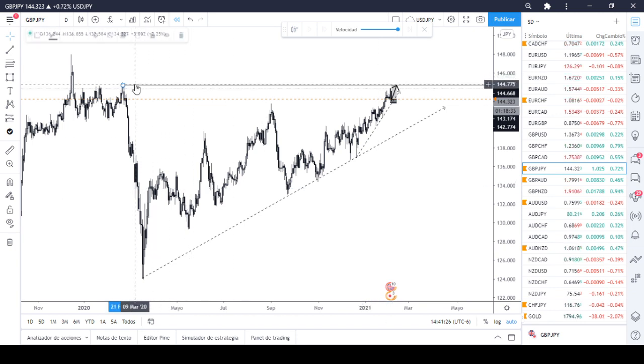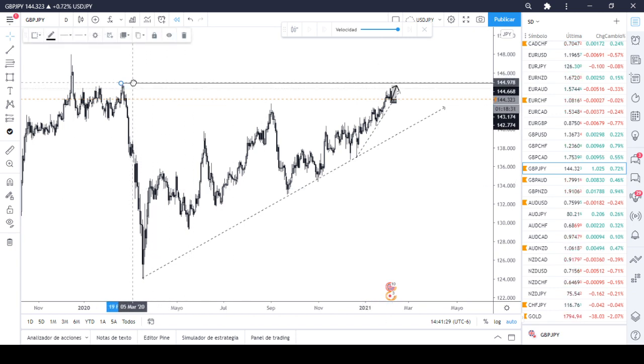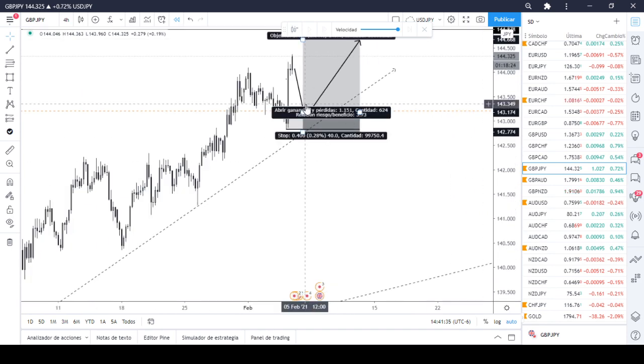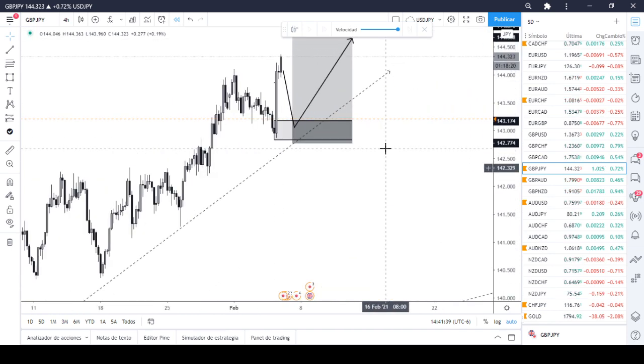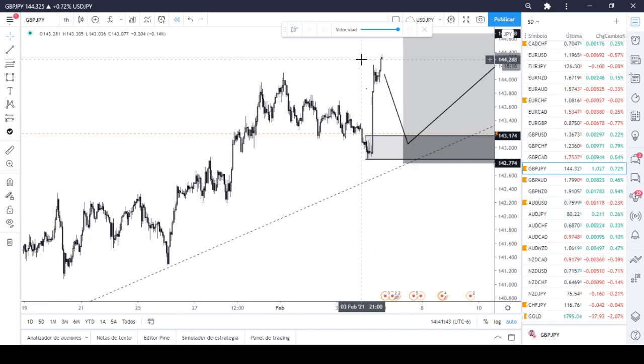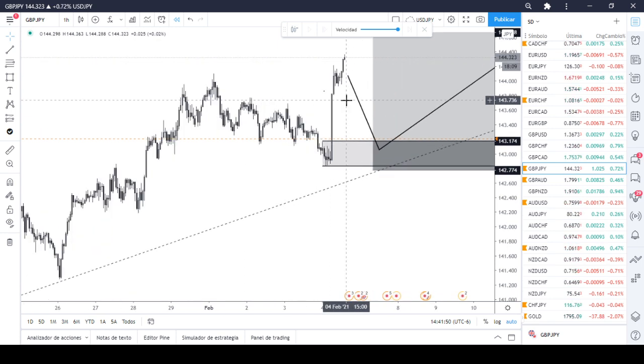Actually, I'm expecting this week this high being removed, and I can take a buy from here, applying the exact same concept. Since I know price is bullish on higher time frames like weekly and daily, I need to look for confirmation, for evidence.